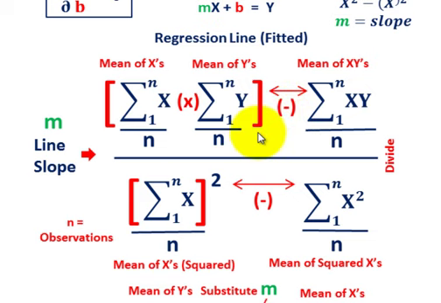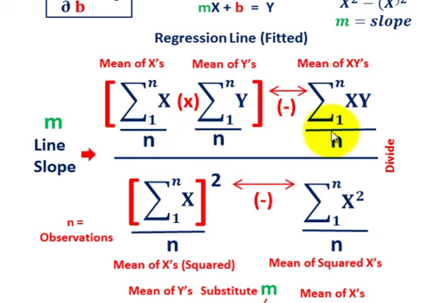Just understand the relationship, because you're going to have to deal with this in your calculations down the road. You take your mean of the x's times your mean of the y's, and subtract that quantity from the mean of the xy's, where n is the number of observations you have.